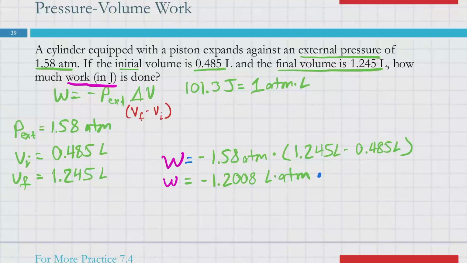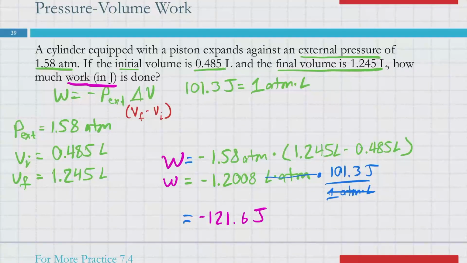So multiply by 101.3 joules over 1 atm times L. So multiply by 101.3, and the work is actually, in joules, negative 121.6 joules.